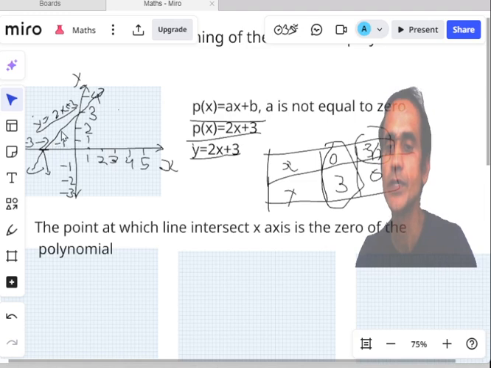Further, if this line is parallel to the x-axis, then the line will not have any 0. And if this line coincides with the x-axis horizontally, then it will have infinite zeros.